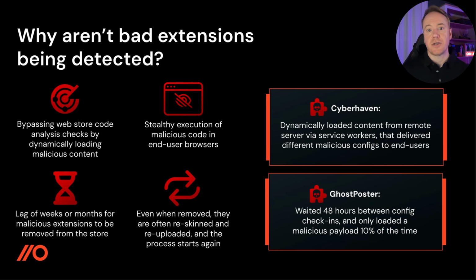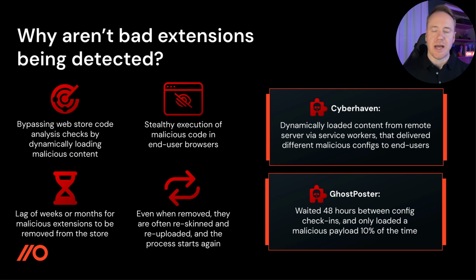So if this is such a huge problem and seemingly growing larger by the month and by the year, why aren't we detecting these consistently? And there are a few different reasons for this. The first is that attackers are working very hard to pass web store code analysis and other security checks, and they can do that using a variety of different obfuscation methods.